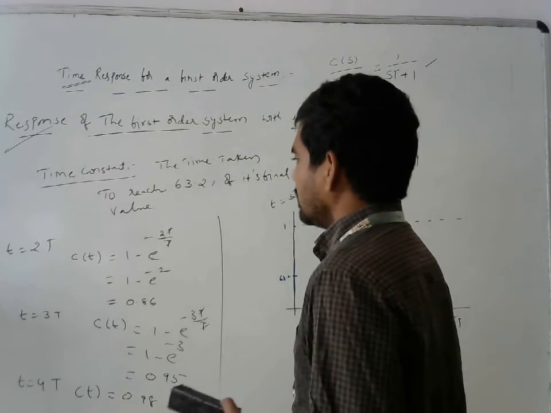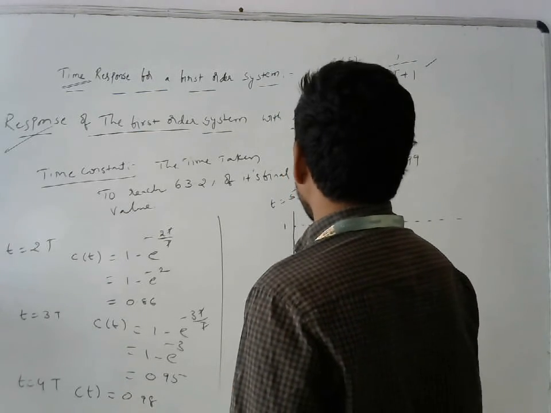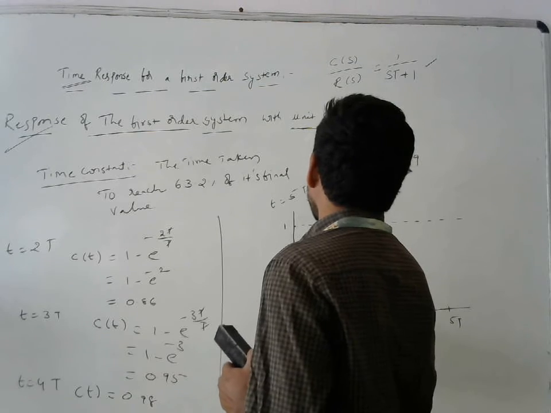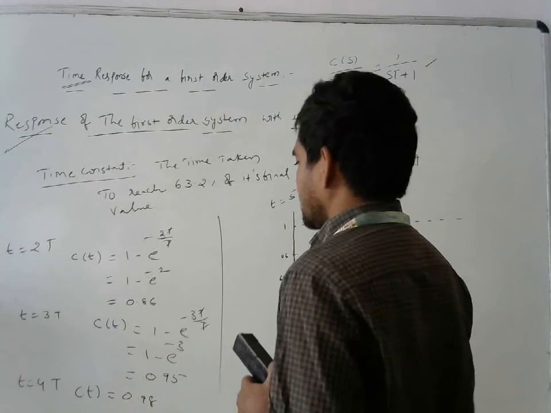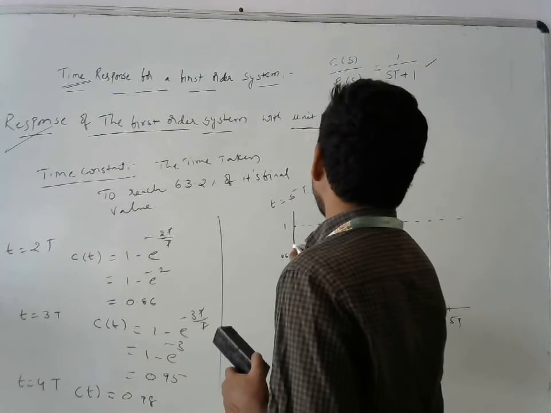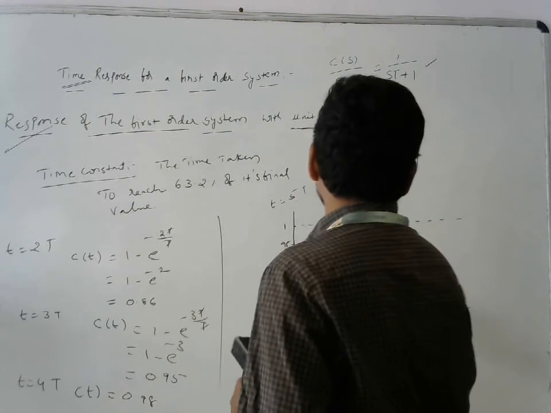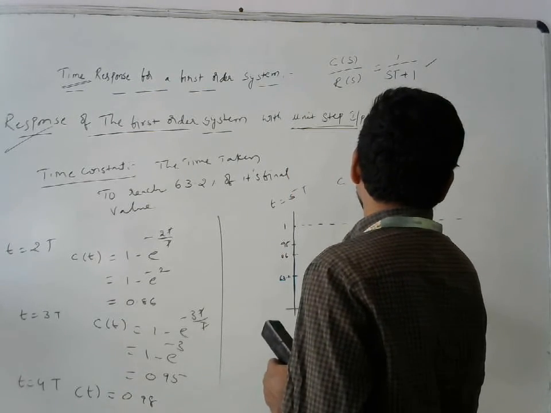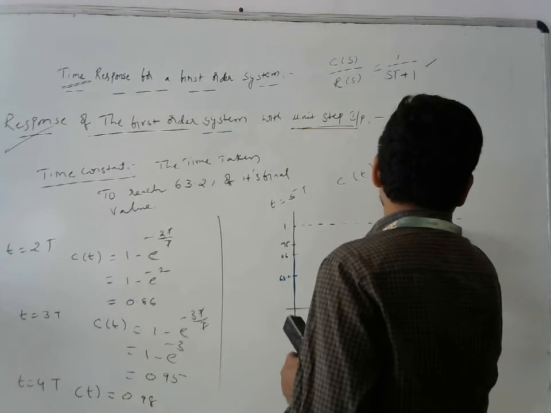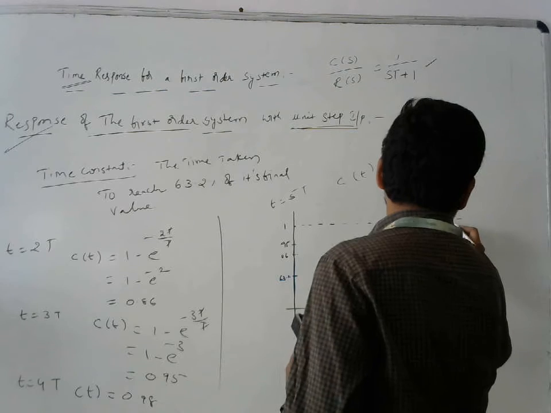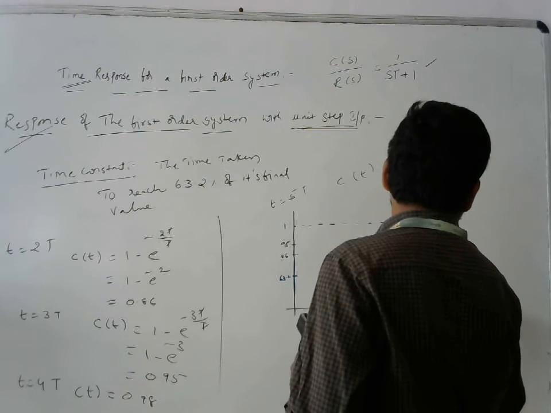At t equal to 2t, how much did we get? 86. Next, at t equal to 3t, 95. At 4t, 98. At 5t, 99. At 6t, we are getting like this.